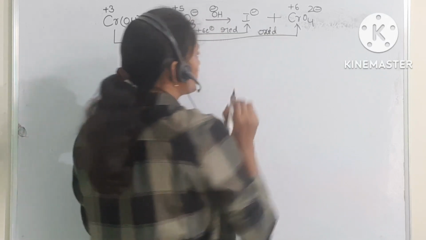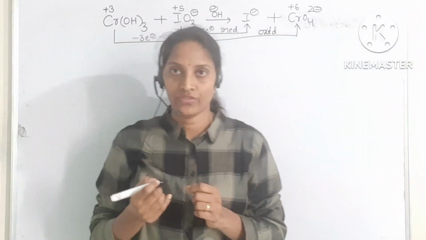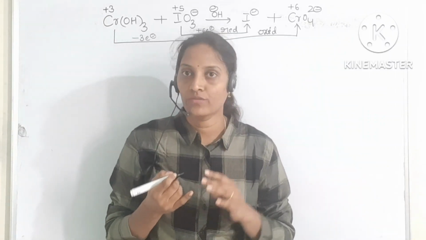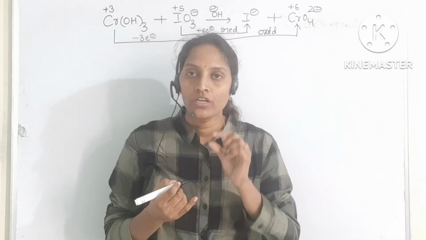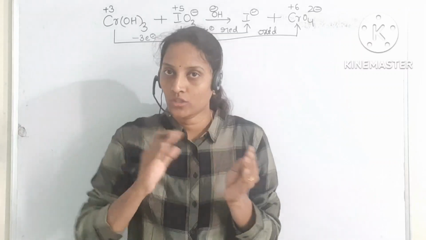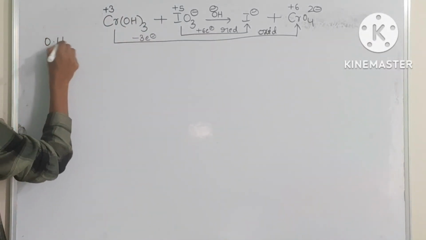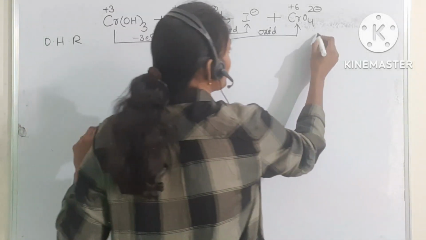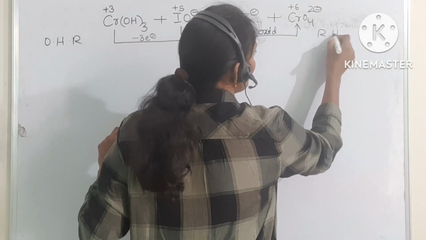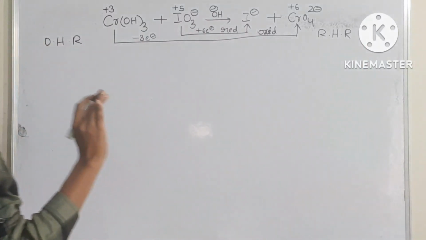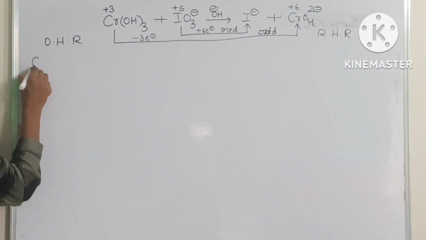oxidation half reaction. So after identifying which one is the oxidation half and which one is the reduction half reaction, you need to write those two half reactions separately. Here is the oxidation half reaction, and there I am going to write the reduction half reaction. So what is the oxidation half reaction?